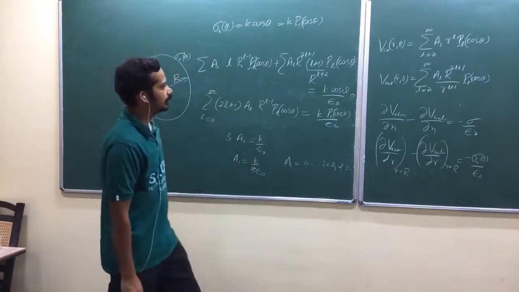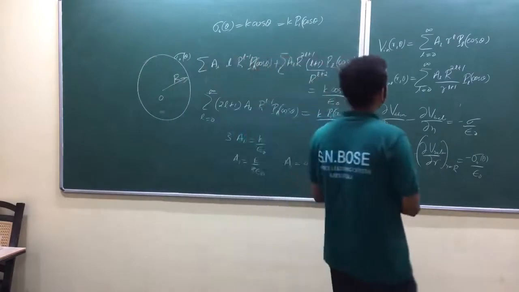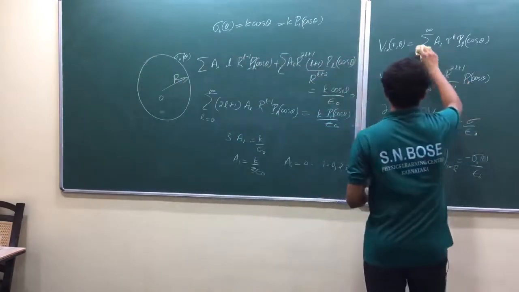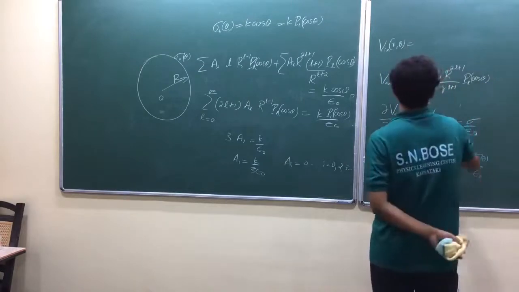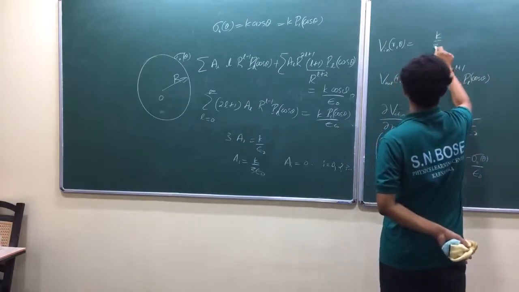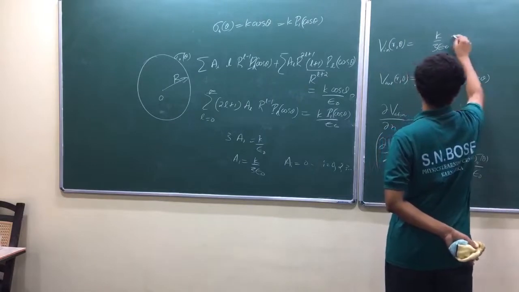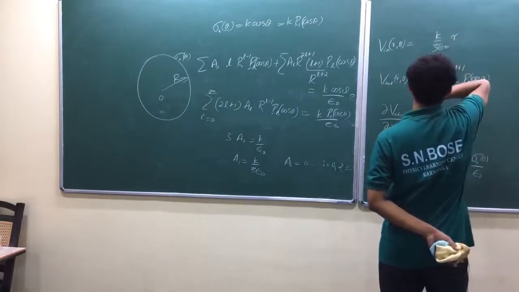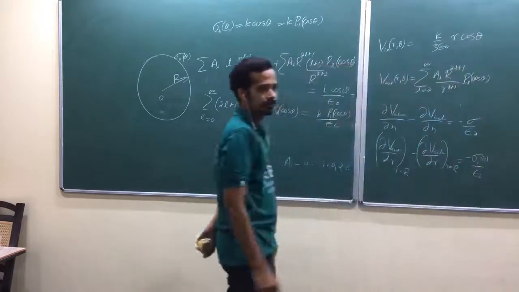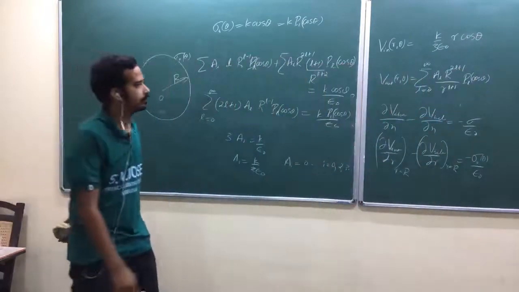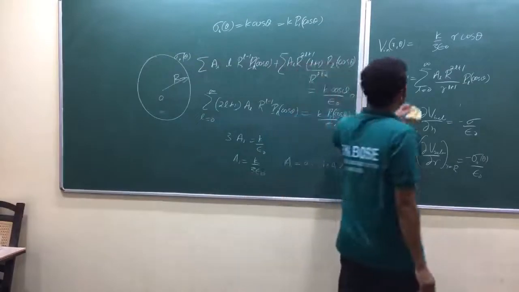If only A1 remains, and that A1 is equal to K by 3 epsilon naught, what is the potential inside? K by 3 epsilon naught, r cos theta, P1 of cos theta. What is outside?